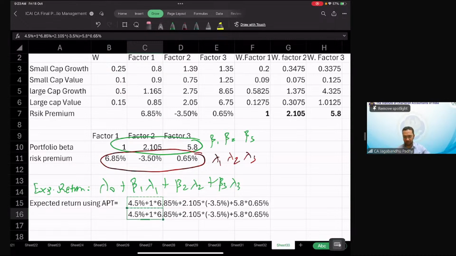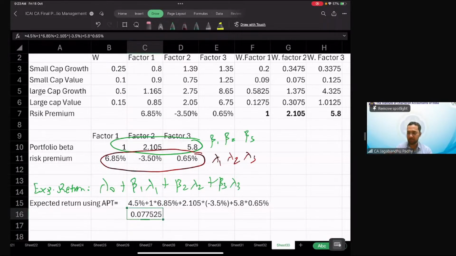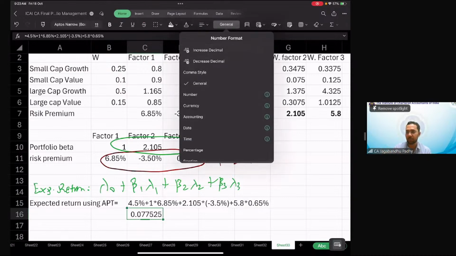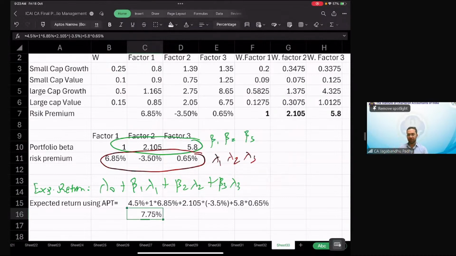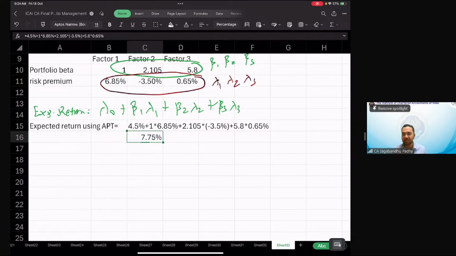So the expected return will simply work out to be 7.75% from the portfolio. We can say the return that is expected from the portfolio is 7.75%. Okay. Expected return using arbitrage pricing theory is 7.75%.